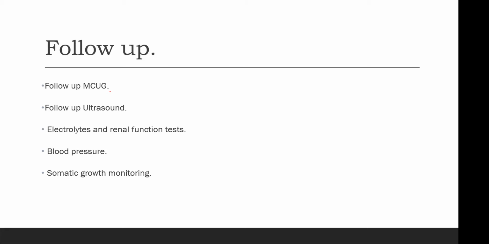So they need very close follow-up with MCUG, ultrasound. You check their renal function and electrolytes and their blood pressure as well, because it can also be a sign of renal failure. These kids also have a problem of growth, so you have to monitor their growth throughout the years, if they are keeping up with their normal growth.